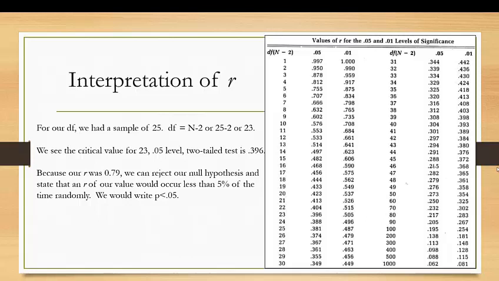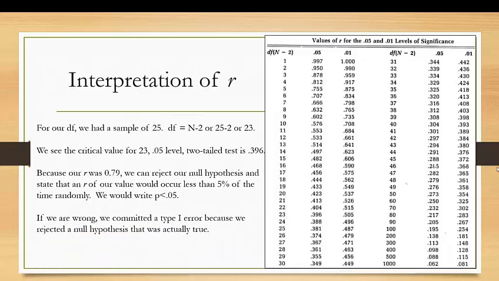And we would write this P is less than 0.05. In other words, what we're saying is our critical value of 0.4, we have 0.8 basically. There's a pretty strong correlation between students' attitudes toward math and their achievement on the math scores. And we can do this with pretty strong confidence, okay?